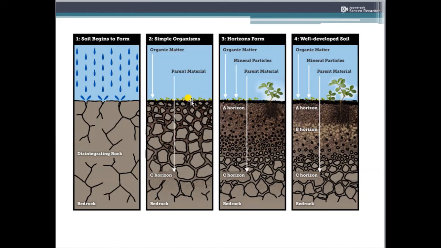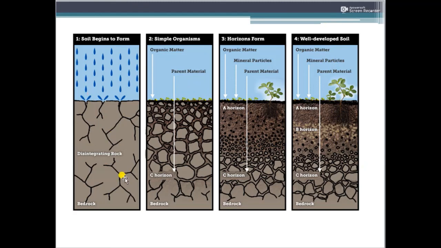In the second figure, you have only simple organisms, but in the third one, you can see other plant material starts growing. And ultimately, the A, B, C, as well as the bedrock horizon are formed here, and the full horizons, the O, A, B, C, are formed, and you also have the bedrock here, and a well-developed soil is formed.